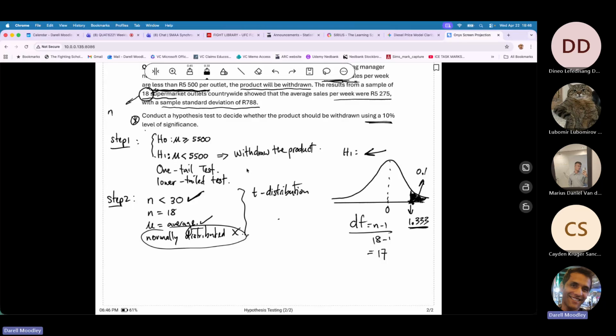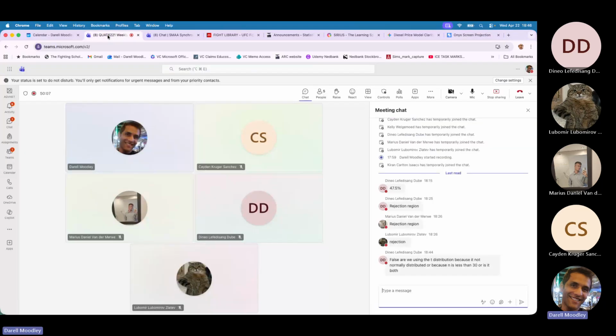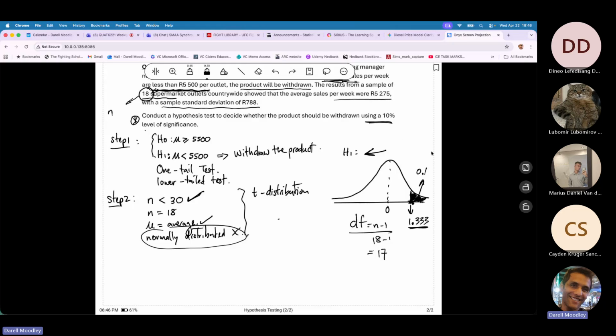Okay. Everyone understand how to use the table? I'll give you another example. I'm going to quiz you on this now. Let's say your n is 6. Your sample size is 6, and you have a curve like this.